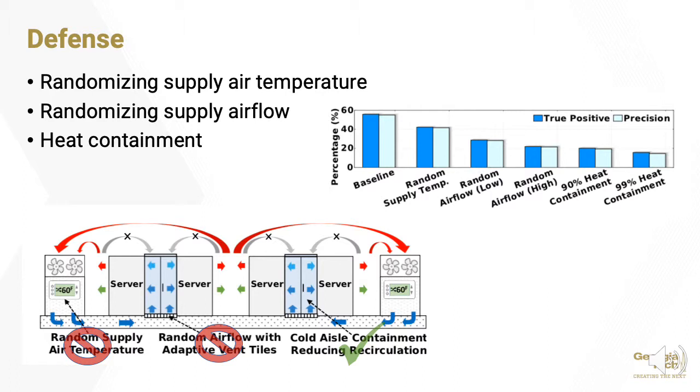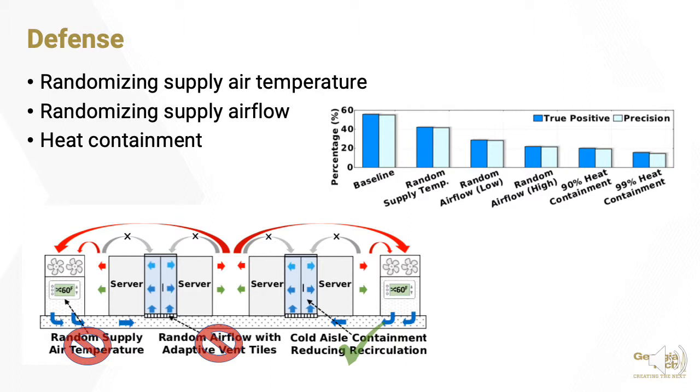Another defense mechanism would be to randomize the supply flow. We talked about randomizing the temperature of the flow, but this is randomizing the supply flow, or when and where cold air is being supplied through the tile floor.